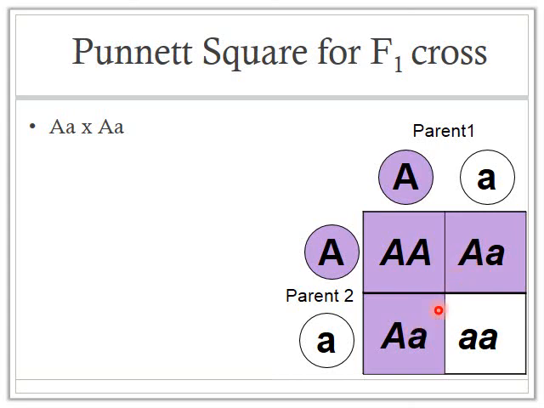So you're going to have all 3 of these, 75%, be purple, whereas 25% is going to be little a, or 25% is going to be white. And so this phenotype will be 25% white. Now, you could write it 75% purple, or you could put a 3-to-1 ratio. If you wanted to write it that way, I'm cool with both.